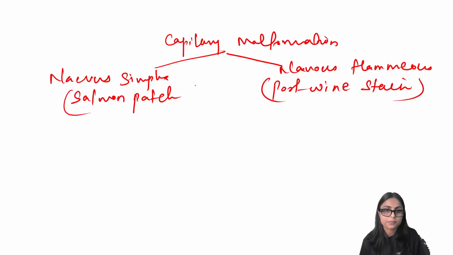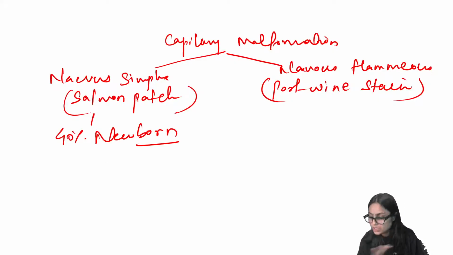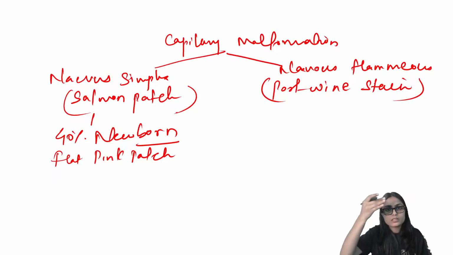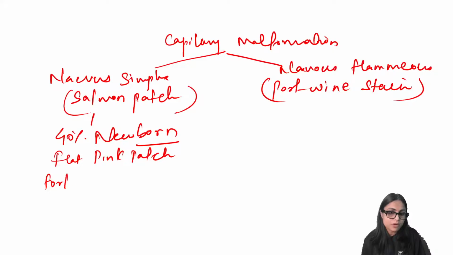Port wine stain. Now, nevus simplex is very common, and 40% of newborns will have this salmon patch. They appear as flat pink patches. And the location is either on the forehead or the nape of the neck. When it is on the forehead, it is called angel's kiss.